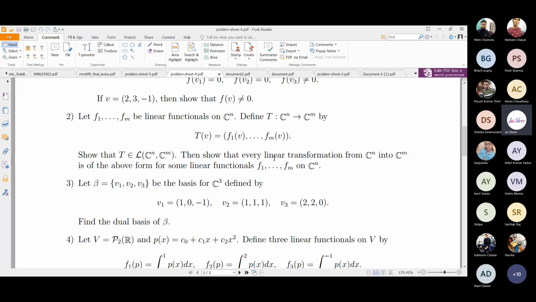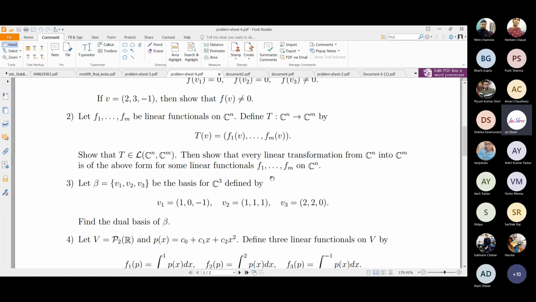So T is a linear transformation from Cn to Cm, correct, where v is an n tuple. We take small v, an n tuple belonging to Cn. We take v as v1 to vn, a vector. Let's say v maps to a vector w in Cm.